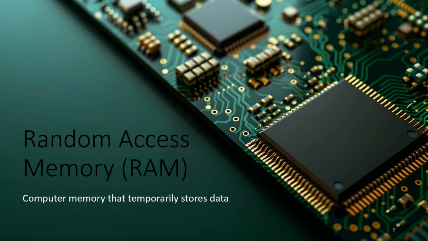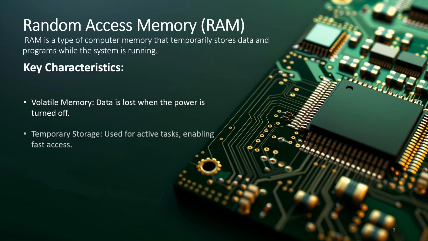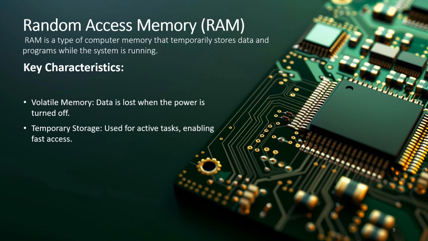Let's have a look at the RAM, the random access memory, computer memory that temporarily stores data. RAM is a type of volatile memory that temporarily stores data and instructions that the CPU needs while performing tasks.